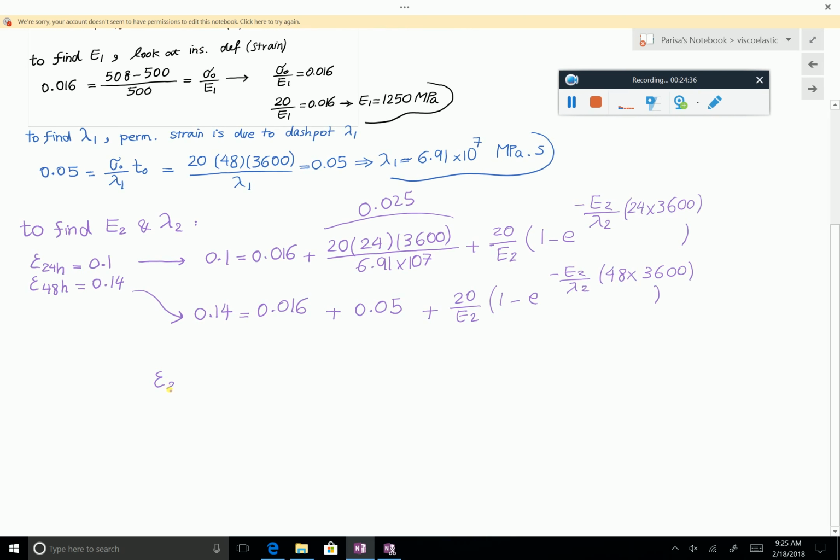So from epsilon at 24 hours, we obtain basically 20 over E2 times 1 minus e to the power of minus E2 over lambda 2 times 24 times 3600, and this is 0.1 minus 0.016 minus 0.0025, which is going to be 0.059.